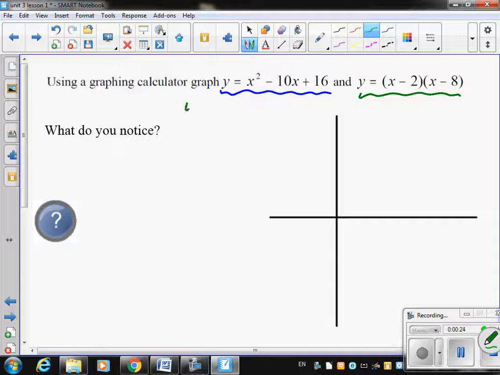But I'm going to enter these two equations under the y equals button. All of the buttons along the top of the graphing calculator are your graphing helps, and so I'll put y1 as x squared subtract 10x plus 16, and y2, my second function, as that one.